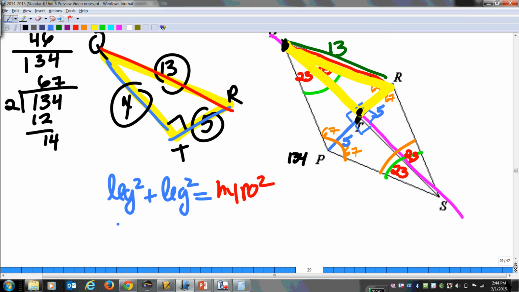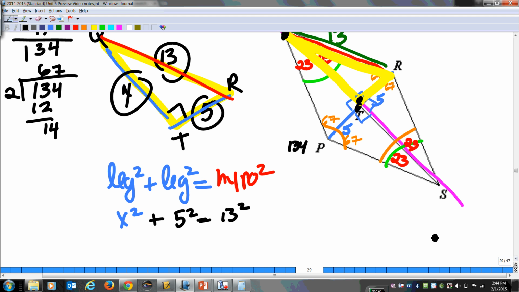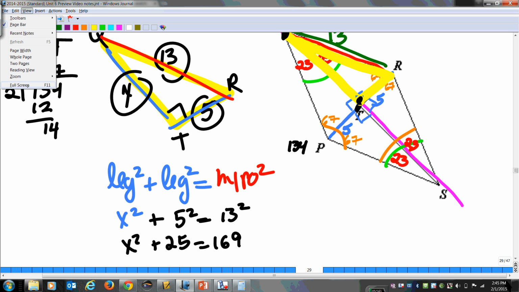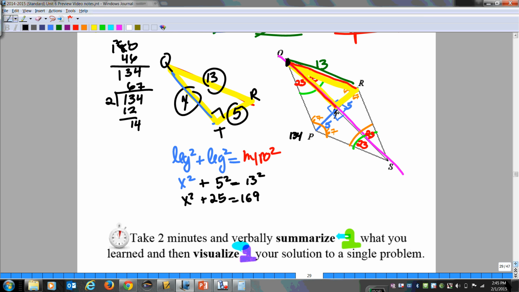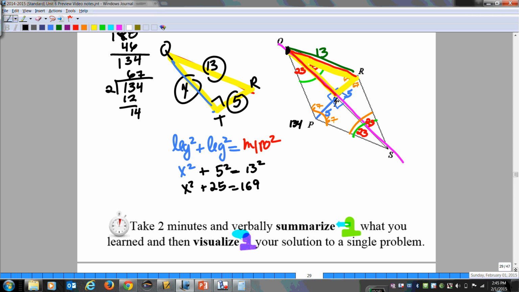So here we have x squared plus 5 squared equals 13 squared. This is x squared plus 25 equals 169. Wow, how did I do that without a calculator? Because I have memorized my perfect squares through 15, which you should do as well.